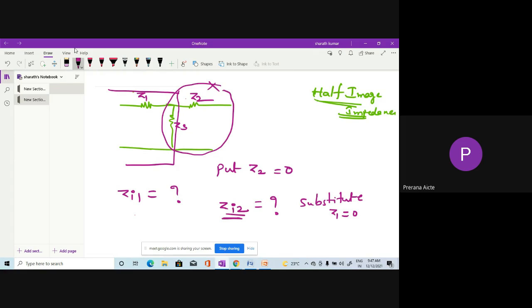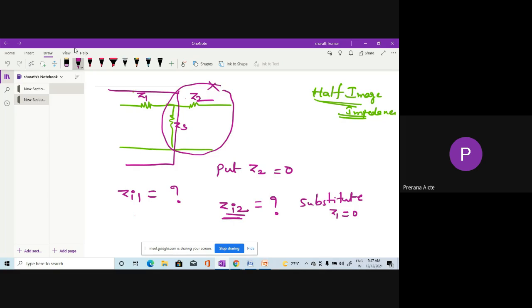In this way, you have to analyze the network in an image impedance concept manner, how to find the image impedance of a network. These are the very important aspects you need to concentrate on.